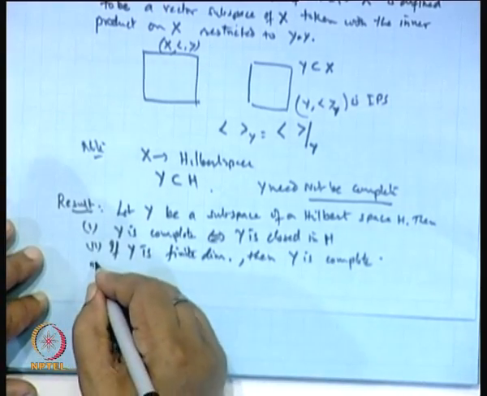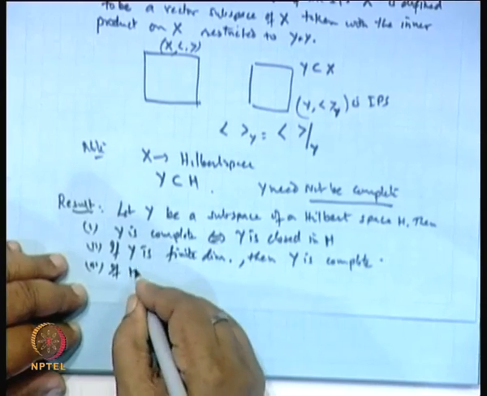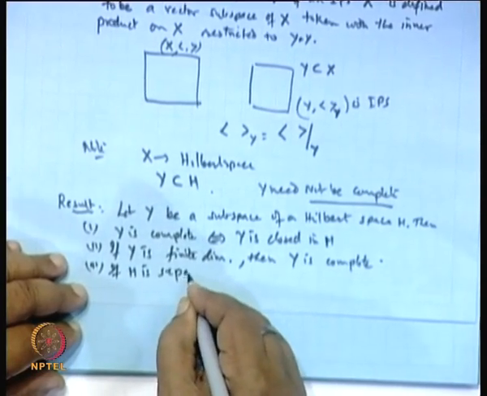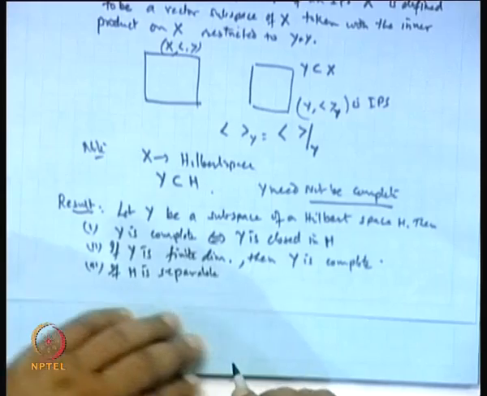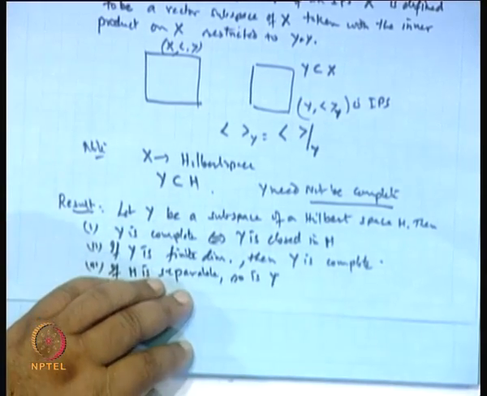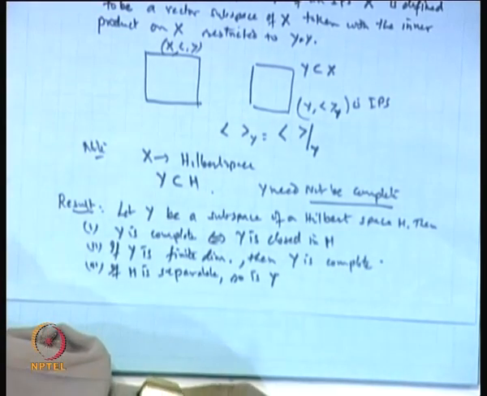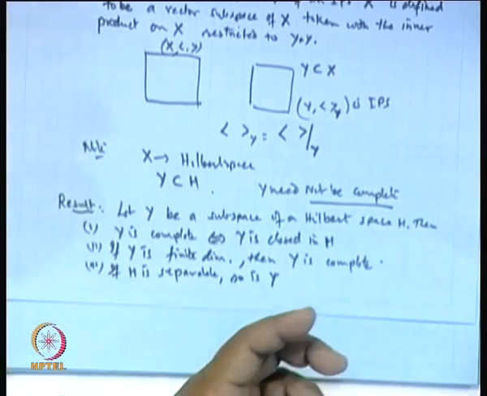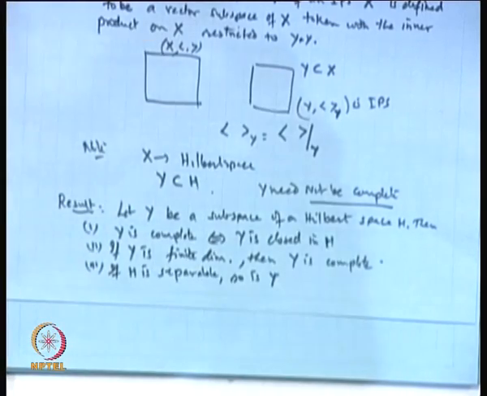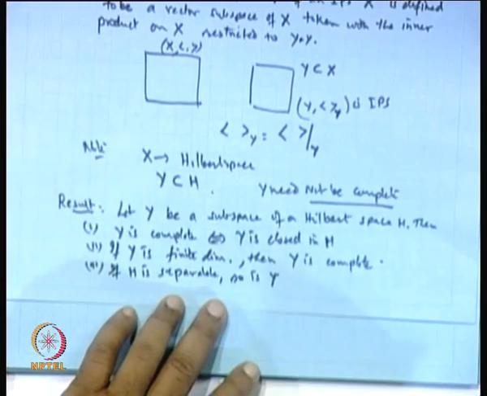And third, which can be proved directly, if H is a separable space, so is Y. Means every subspace of a separable Hilbert space is separable. Separable means a vector space is said to be separable if it has a countable subset which is dense in it. So, if H is given to be separable, it has a countable subset which is dense in it.